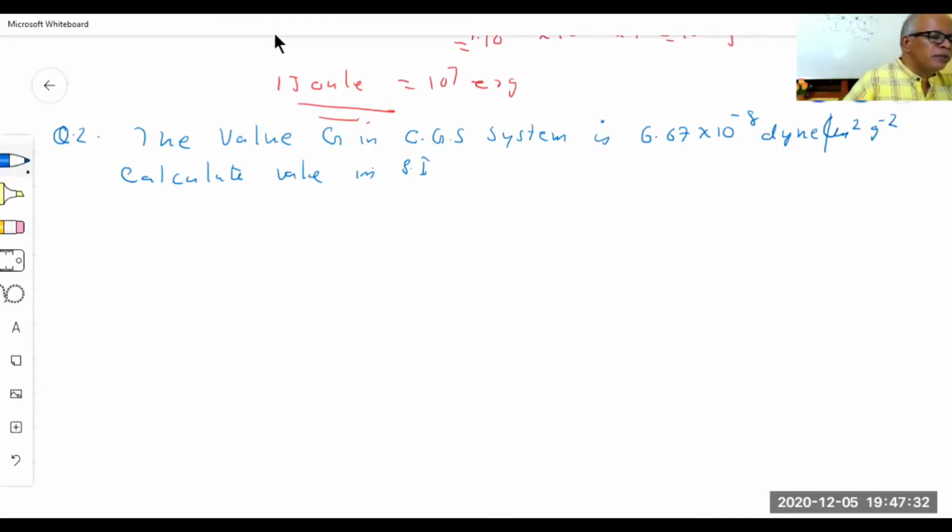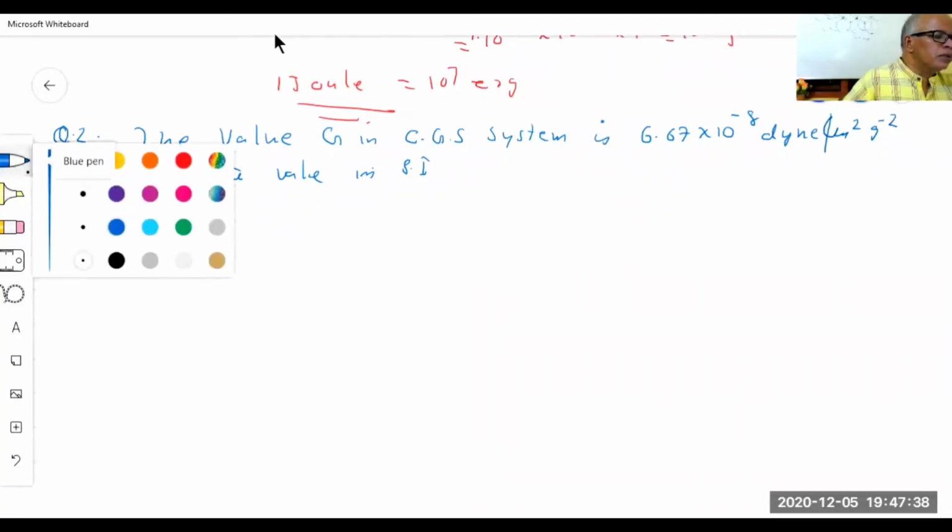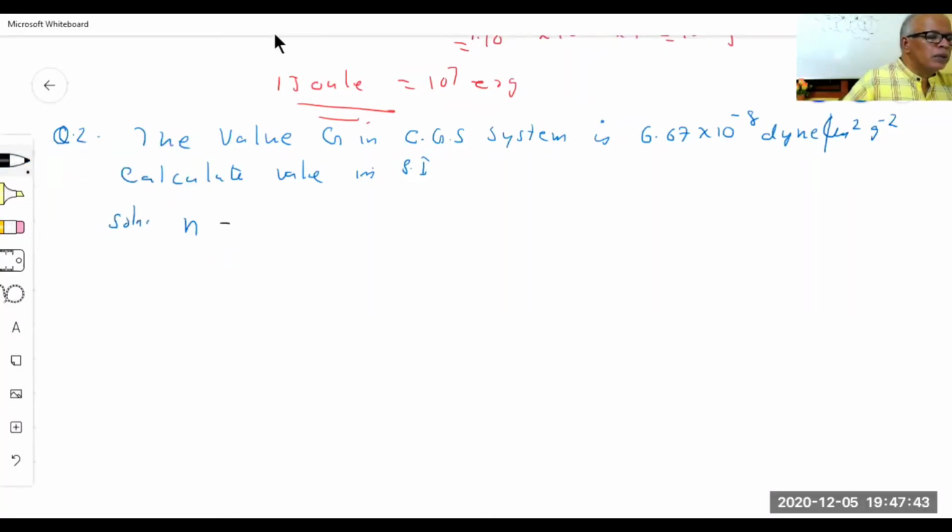So what is N1? N1 is equal to 6.67 into 10 raised to minus 8 is the value. We have to find out N2. So what is N2?